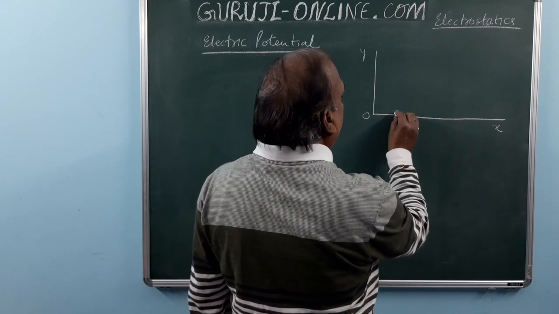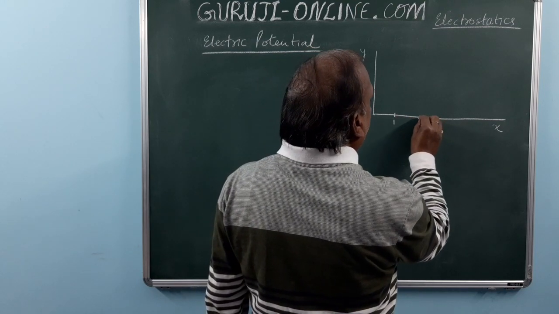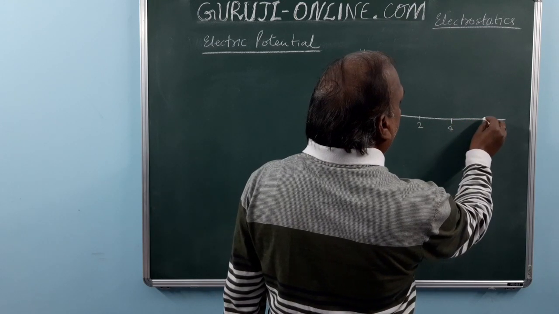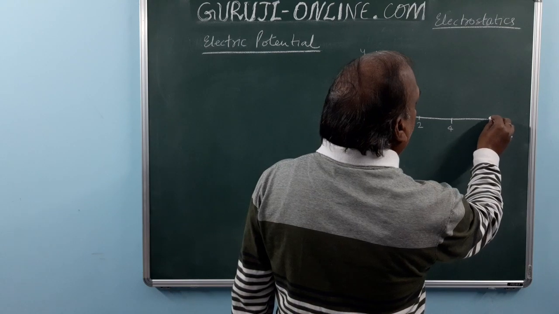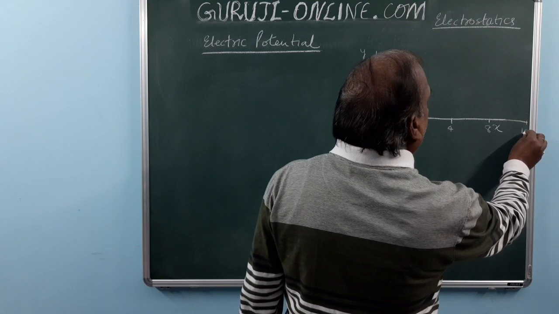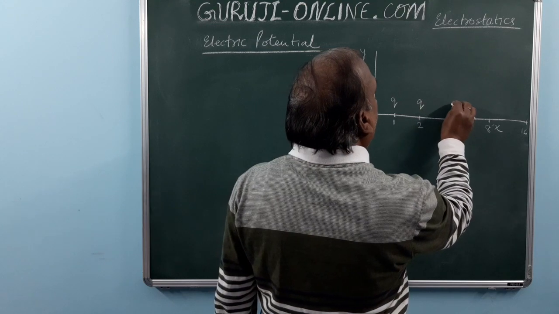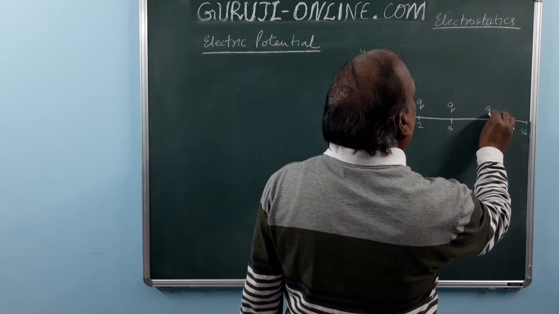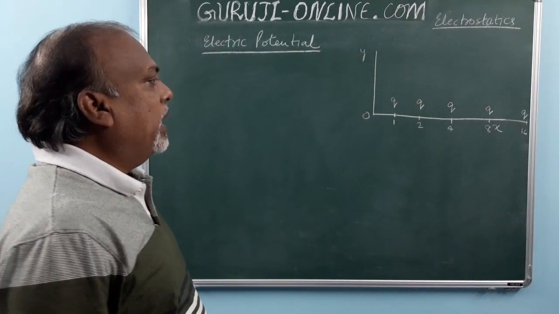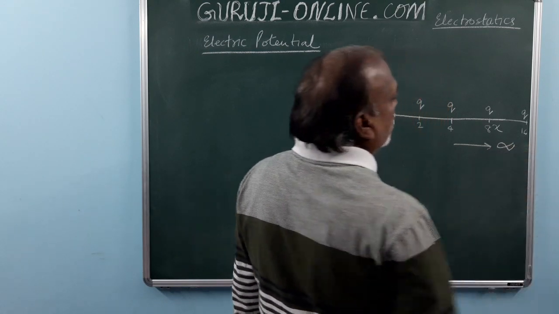You have charges placed at 1, 2, then 4, then of course 8, 16, like this. You have Q, Q, Q, Q, Q, like that, this goes on up to infinity.